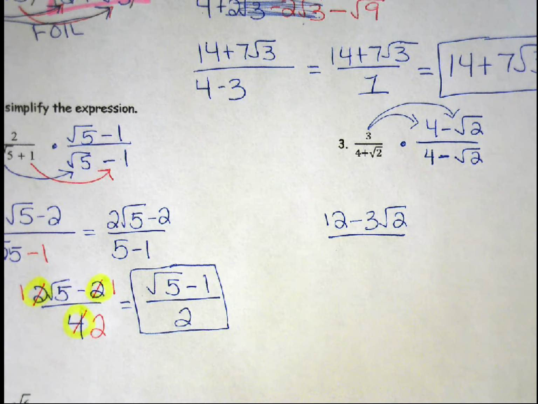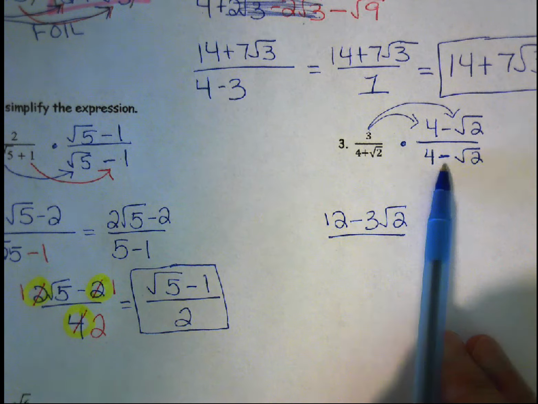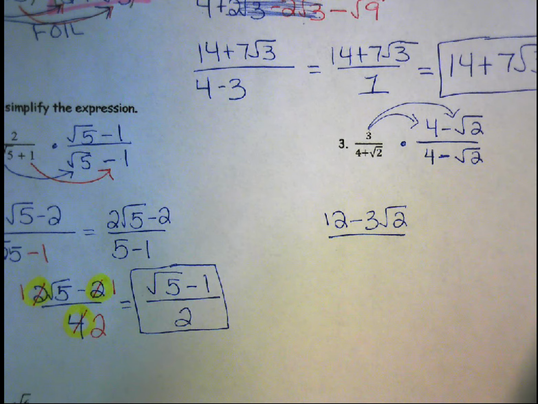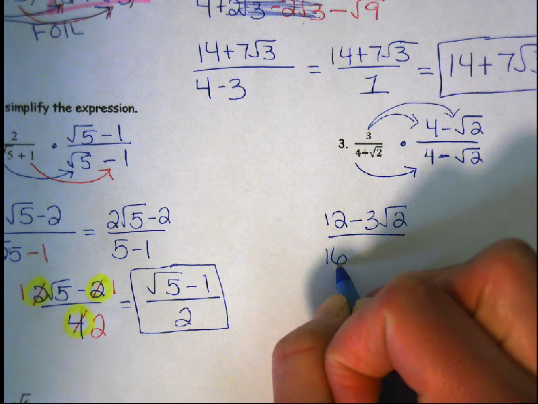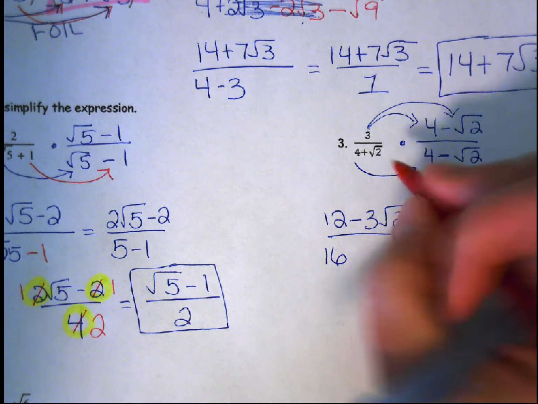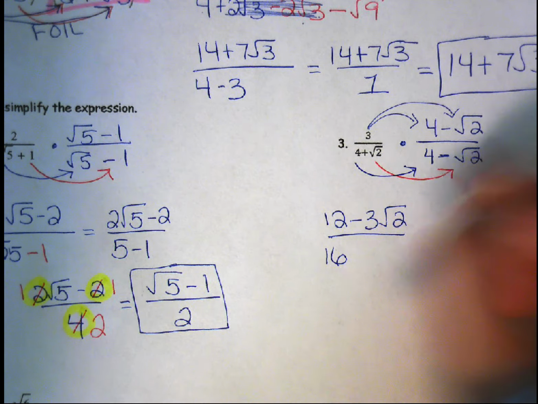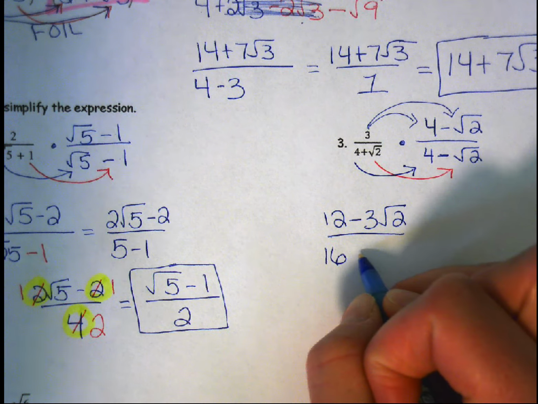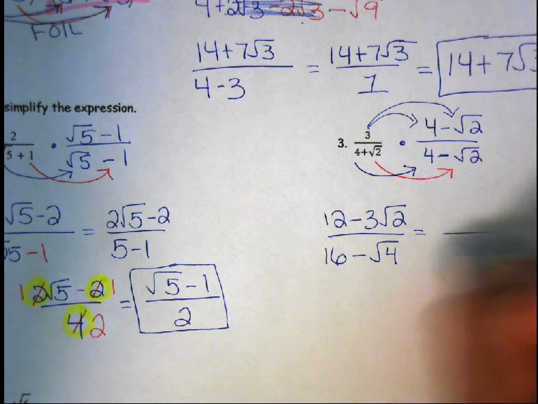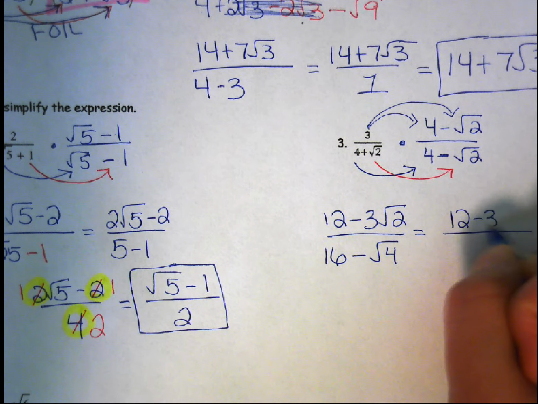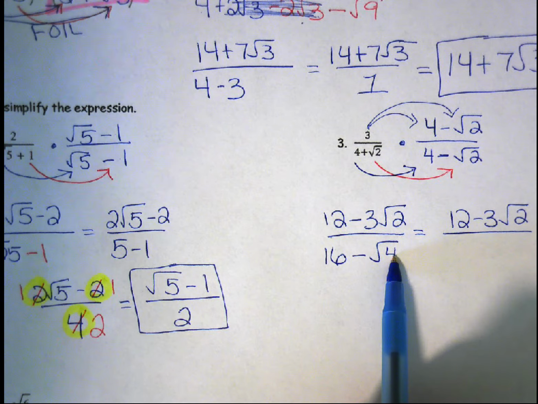On the bottom, because our symbols are alternating, our middles are going to drop. So let's just do first, 4 times 4, and then last, square root of 2 times the negative square root of 2. So that would be a minus square root of 4. I'm not doing anything to the top. What is the square root of 4?